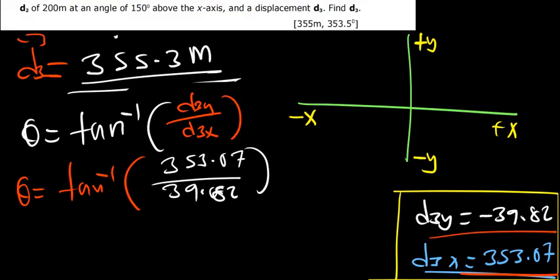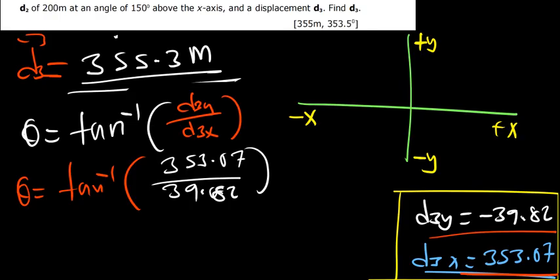So you click on shift, then you click on tan, open brackets, 353.07 divided by 39.82. Then you close the brackets. Let me do it.